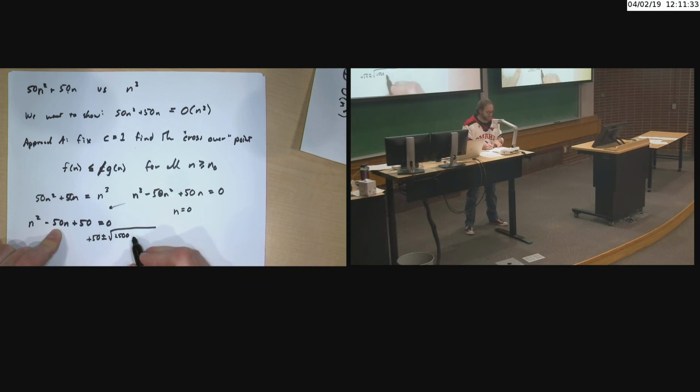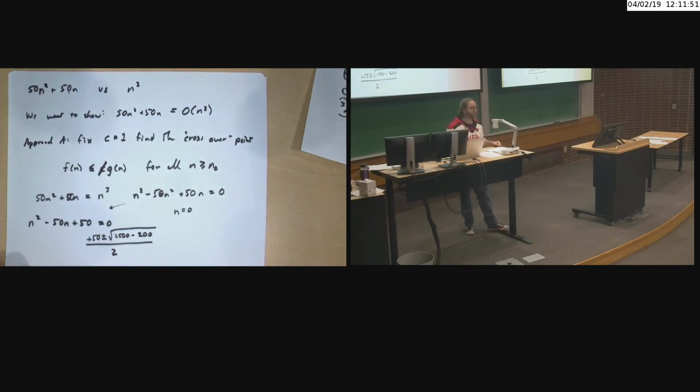And minus 4ac would be 4 times a, that's 1, times c, that's 50, so that would be 200. Help me out here. Arithmetic's hard up on a stage, right? And all over 2a, so that's just 2.